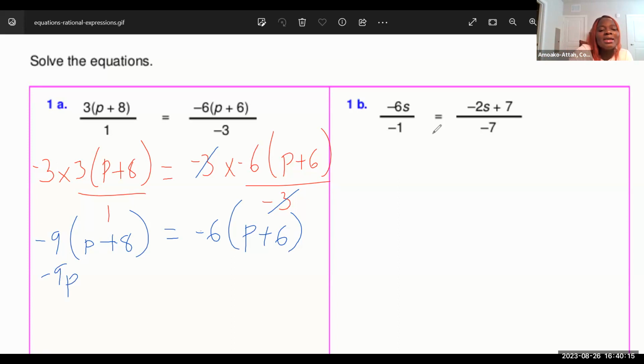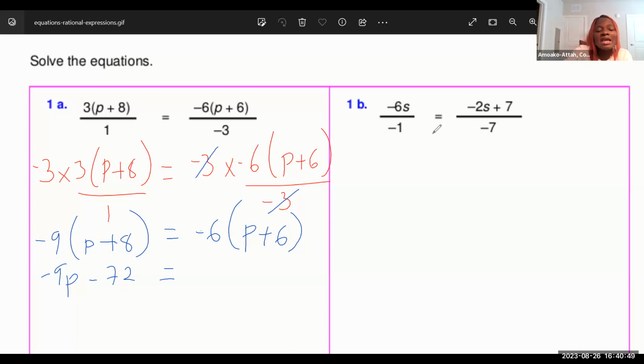We are multiplying the -9 by everything inside the brackets or the parentheses. Then -9 times 8 is what? -72. Good job, guys. Again, we are expanding our brackets, or removing the brackets, by multiplying everything outside the parentheses by everything inside the parentheses.